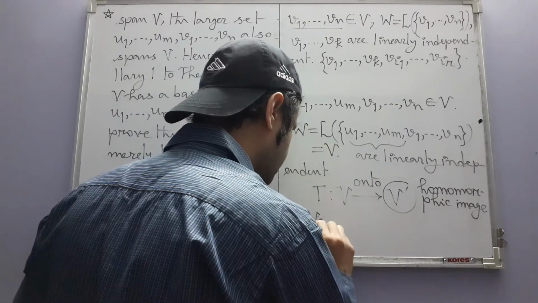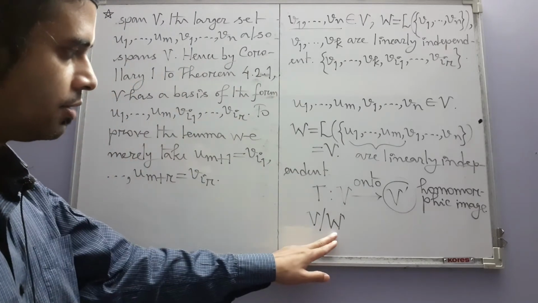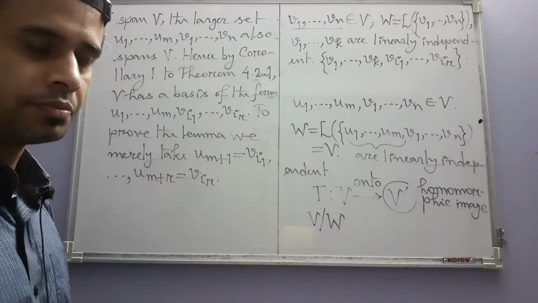They all look like this, where W is a subspace of V.